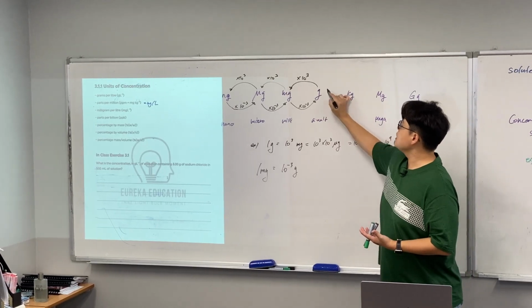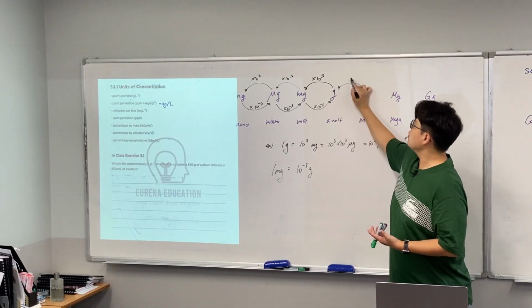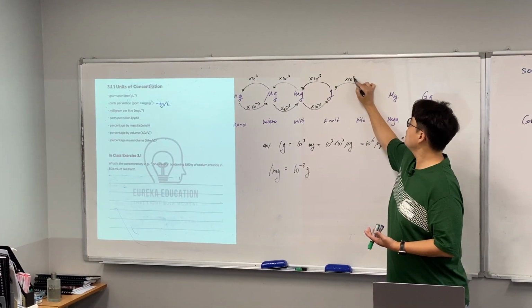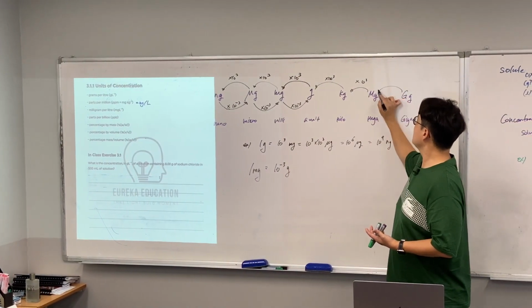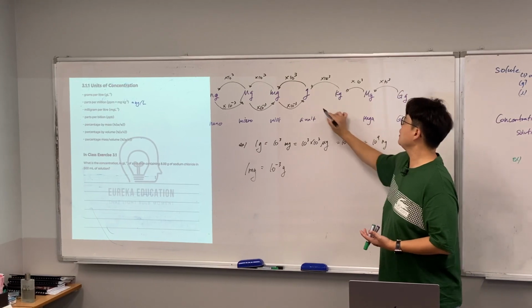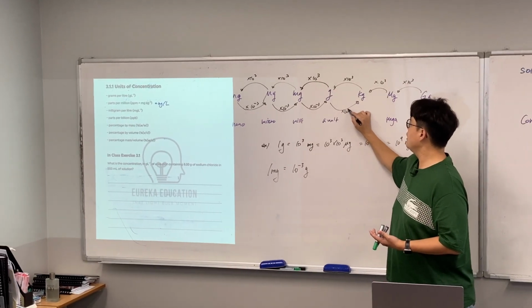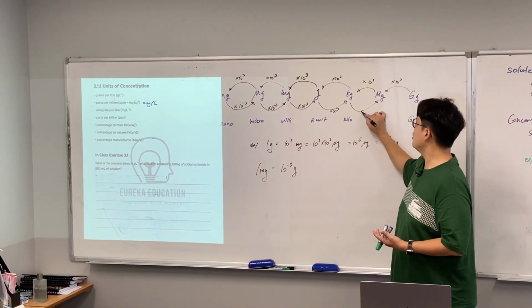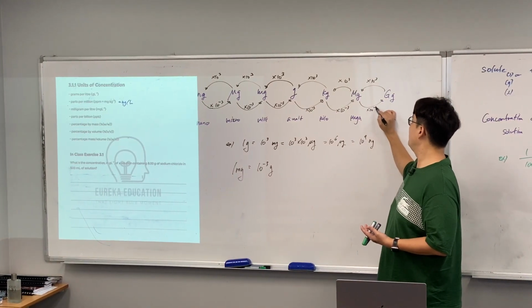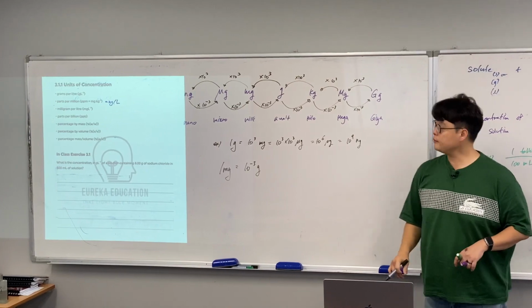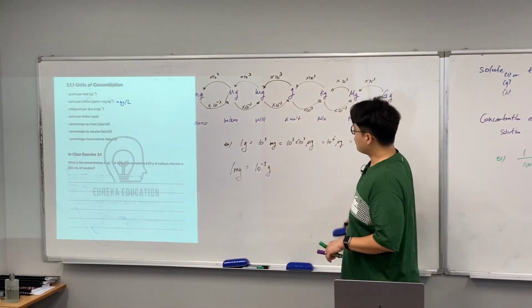Grams to kilogram is the same method. From kilogram to gram, it'll be times 10 to the power 3. Mega, it'll be times 10 to the power 3 again. Giga, times 10 to the power 3. But going in this order, it is always times 10 to the power minus 3. It's not only for the grams, by the way.